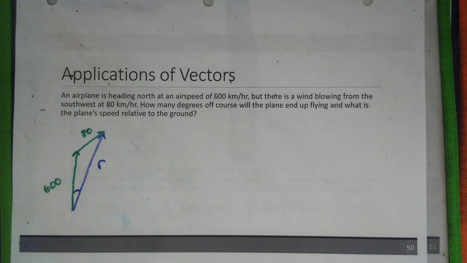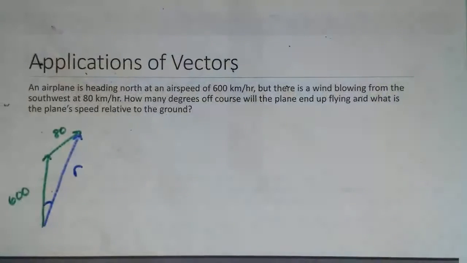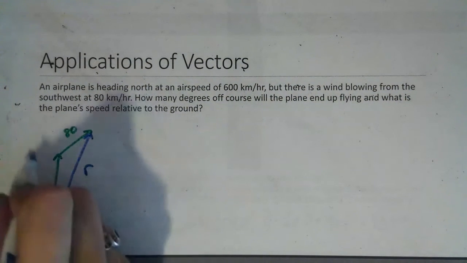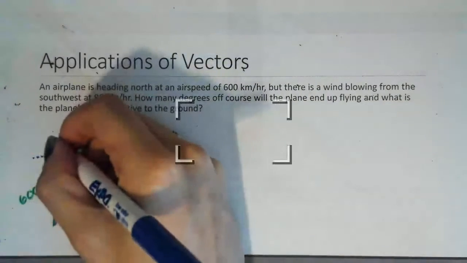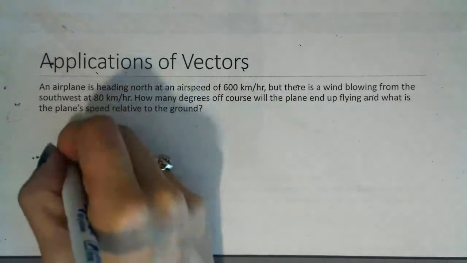So now we need another piece of information because it looks like we don't have enough here. Because I don't have a right triangle, I can't use the Pythagorean theorem. But I might be able to use a law of sines or a law of cosines. The wind is blowing from the southwest. If I draw in my north, east, south, and west, it's blowing from the southwest towards the northeast.